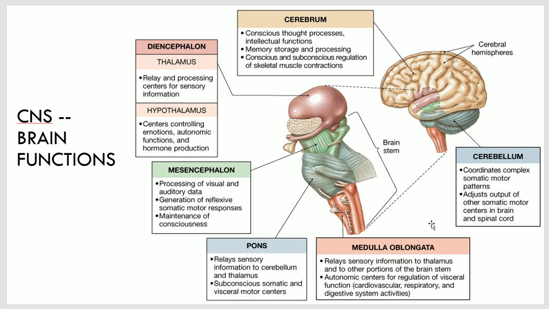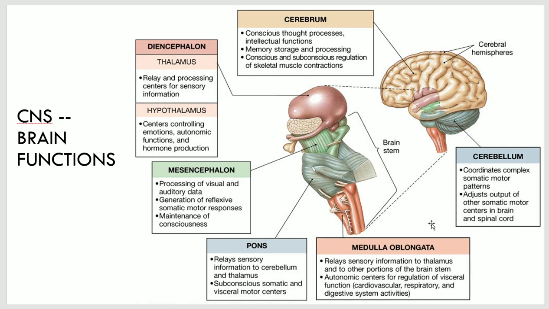So there are autonomic centers for visceral function, so cardiovascular, respiratory, digestive system. If there's a problem with the brainstem and you lose these functions, you're probably not going to live too much longer. So medulla oblongata is a very important relay center and autonomic center for regulation of visceral function, of that cardiovascular, respiratory, and digestive system activities again.